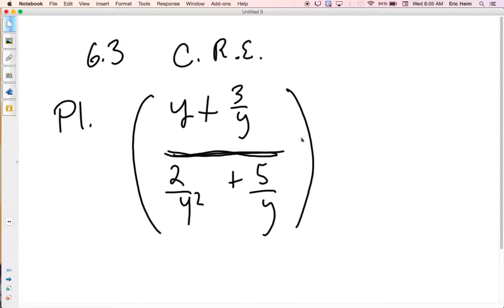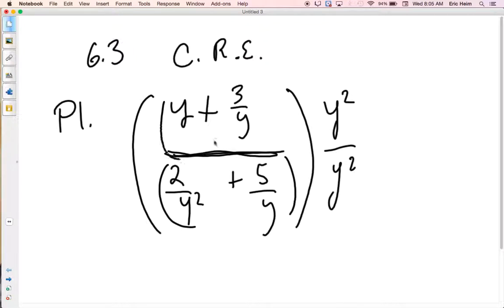Okay, so if we multiply this whole thing by y squared on top and y squared on bottom, that's just like multiplying by 1, but we're allowed to do that. Then basically we're going to multiply the bottom by y squared and the top by y squared, all so that we can just get rid of this y squared. Why?